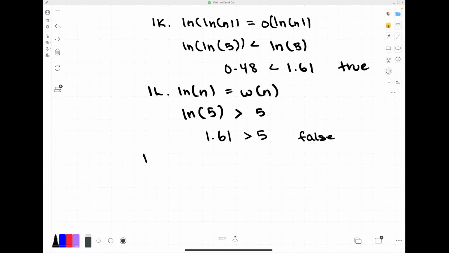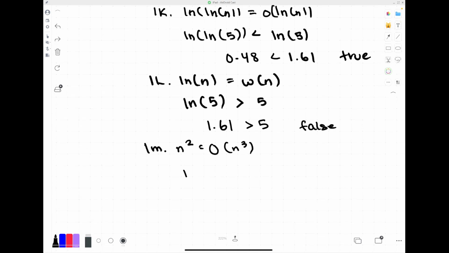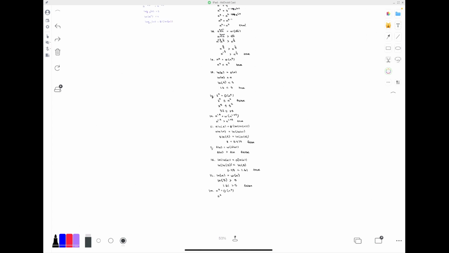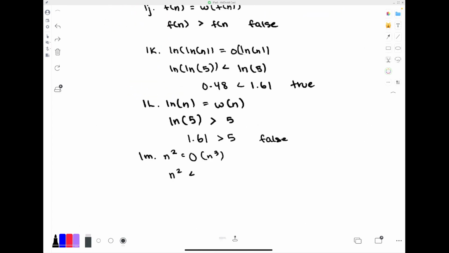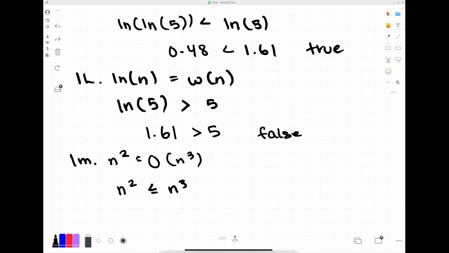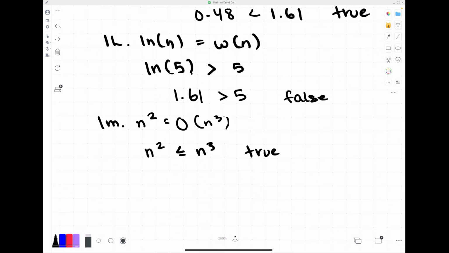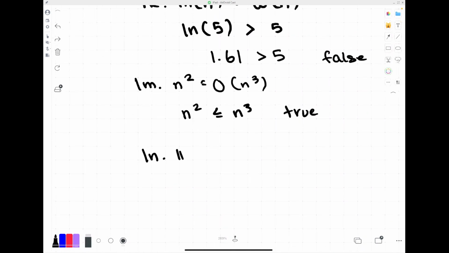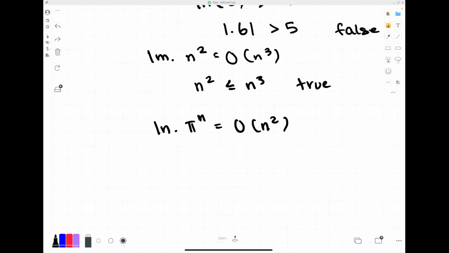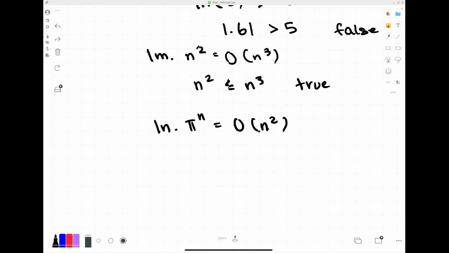So now we can do 1m. n squared is equal to big O n cubed. So is n squared, what's big O again? Less than or equal to n cubed. Yes, so this is true. 1n: n cubed to the nth is equal to big O n squared. Sorry, did I say that?